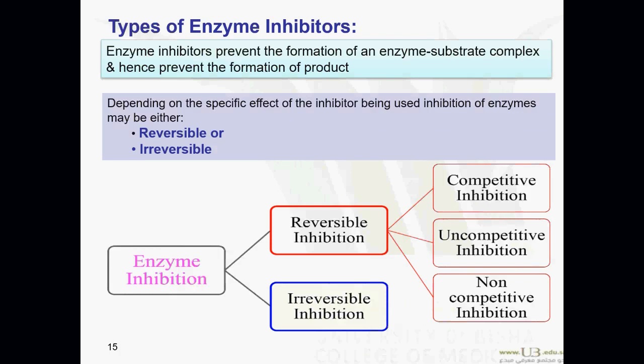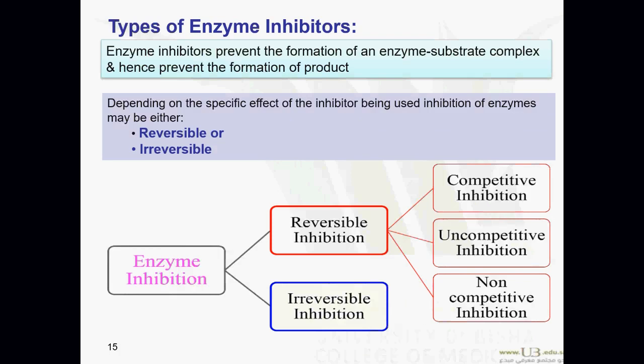So the inhibitors of enzymes are classified into 2 major classes, reversible or irreversible, according to their nature. If they are added to the substrate-enzyme reaction, they will inhibit the reaction. If they are removed, the reversible ones can go back to the normal state. But this type of inhibitor is irreversible, and it will not go back to normal.